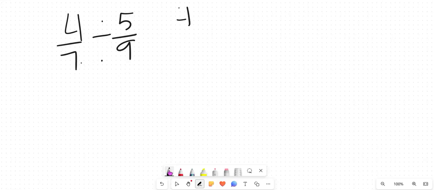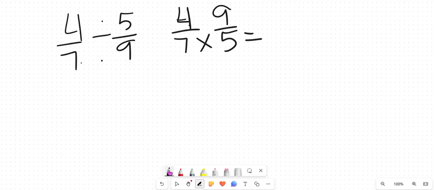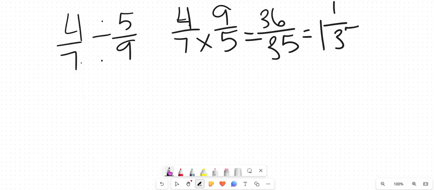So that's 4 over 7 times 9 over 5. Multiply across. 4 times 9 is 36. 7 times 5 is 35. And this also can equal 1 and 1 over 35, because 35 goes into 36 one time with 1 left over.